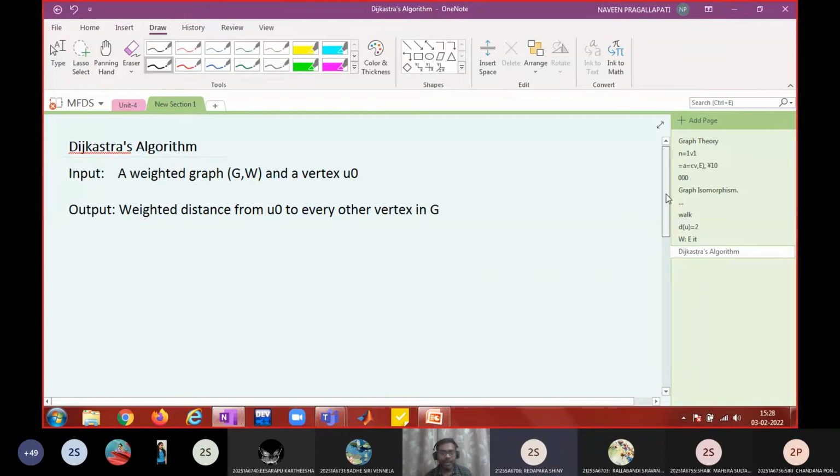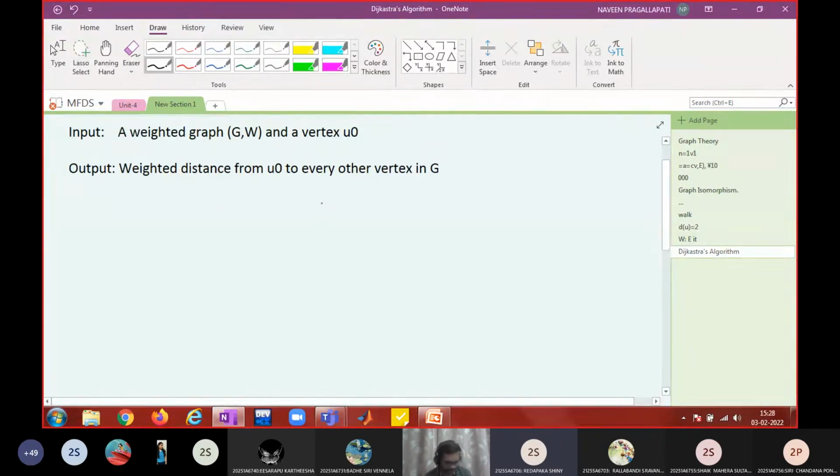So let me draw the graph first. I'm having a graph like this. You may call this a network. So V1, V2, V3, V4, V5, and V6.